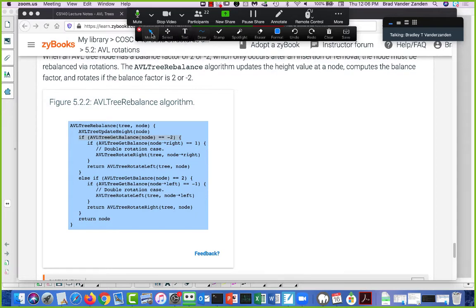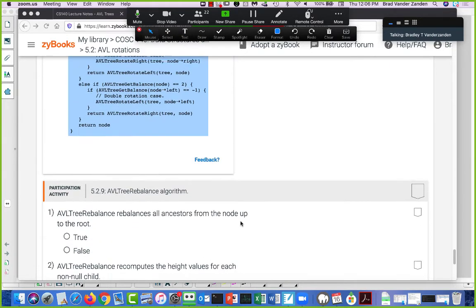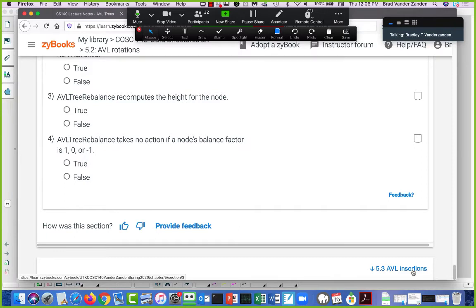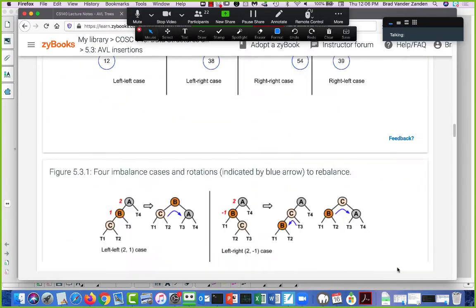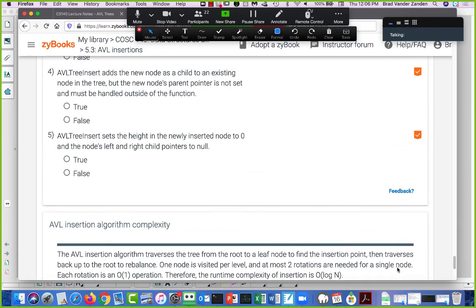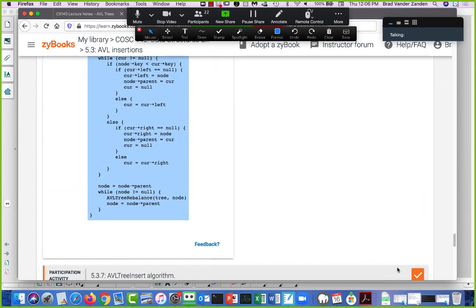The book does not. I think maybe for simplicity, we go back and look at the insert case. The book just keeps going. After the rebalance, it just sets the node equal to the node's parent, and it again continues.